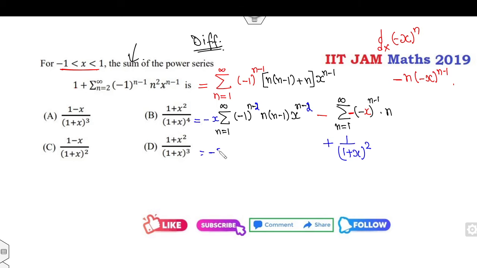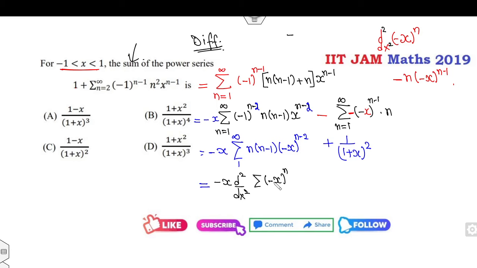So I can write this expression like n minus 1, minus x to the n minus 2, from 1 to infinity. Again you can see, if you consider this expression twice differentiated, then this is the same expression, that is a minus second derivative of this expression.